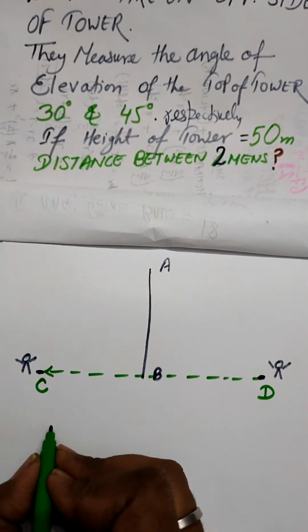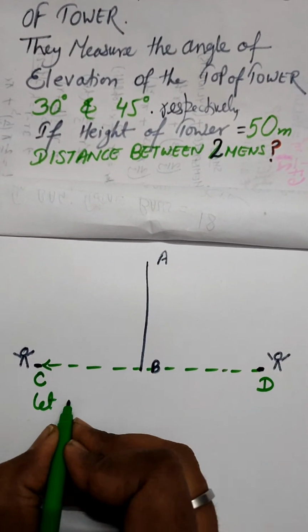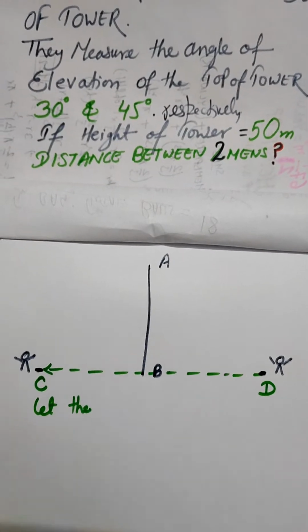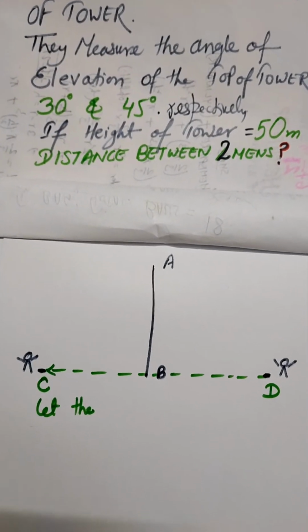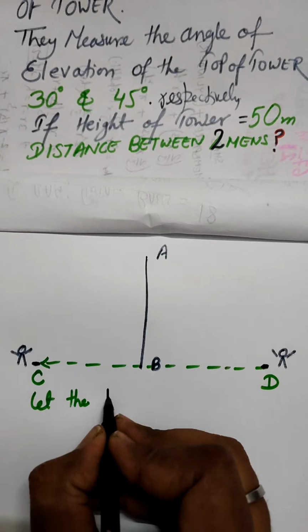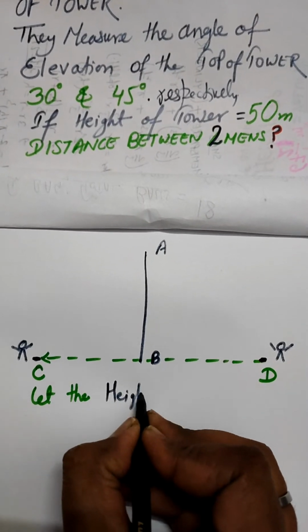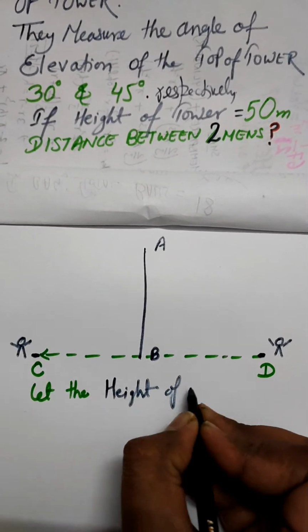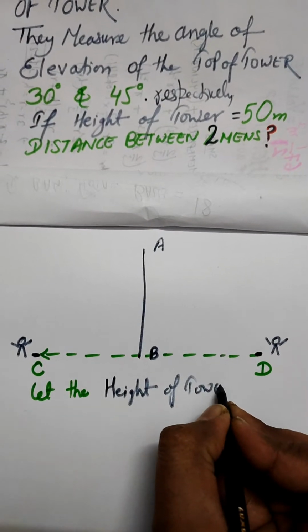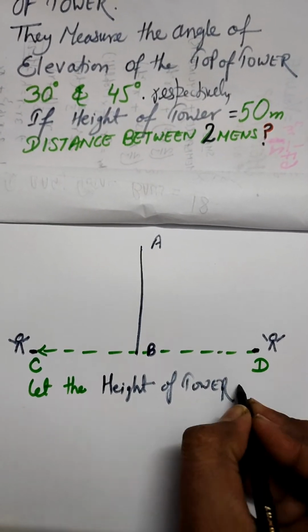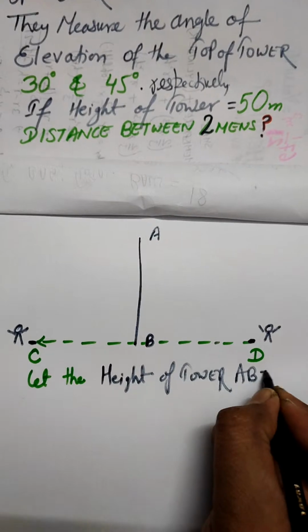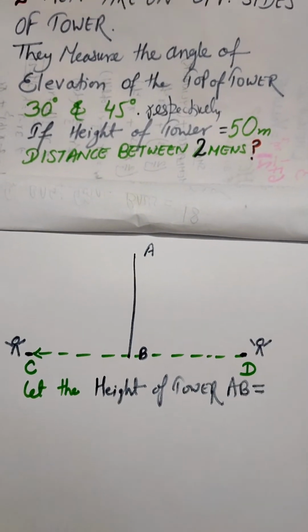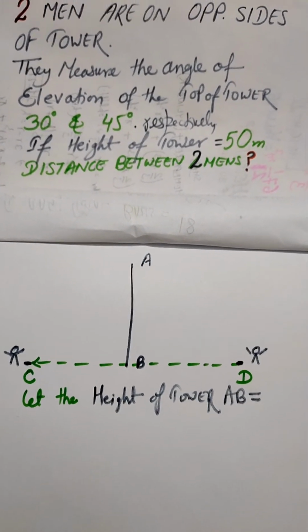So we can do one thing. Let the height of the tower AB, you know that the tower is AB, right? So what is the height of that tower?